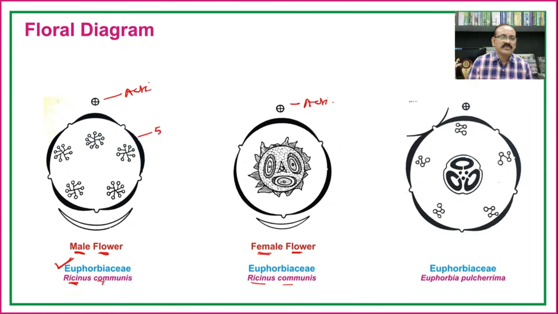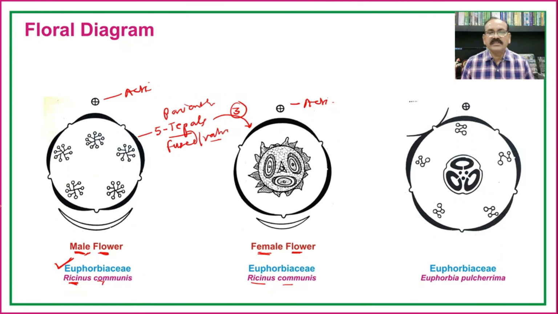Presence of 5 tepals, that is, the perianth. They are fused with valvate estivation in the case of the male, but in the female flower the tepals are 3.